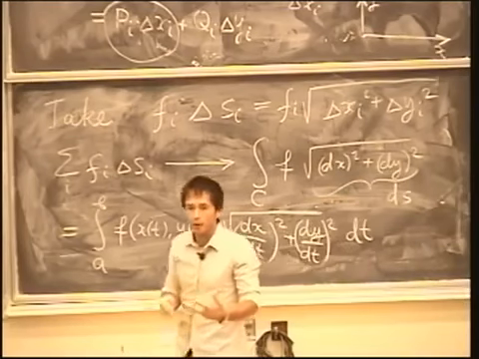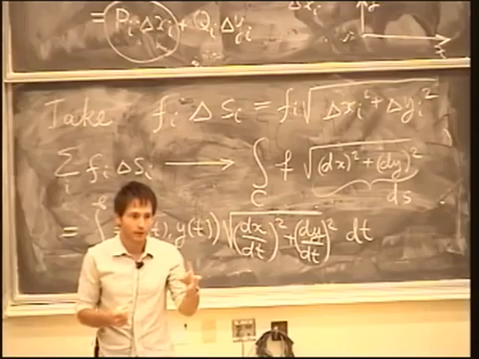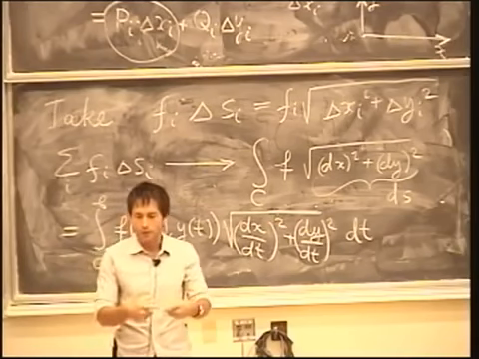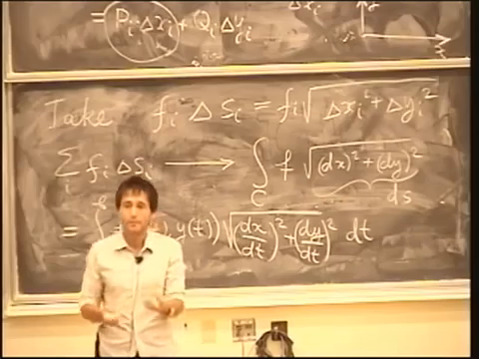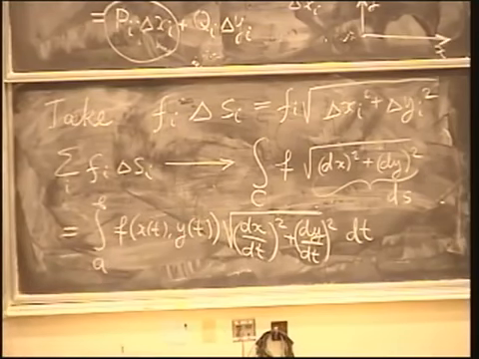What we are doing now is we are generalizing that definition of the arc length by allowing an arbitrary function instead of 1. And this is something which is useful because let's suppose that you have a wire, a thin wire in the shape of this curve. And let's suppose you want to find the mass of this wire. Okay?